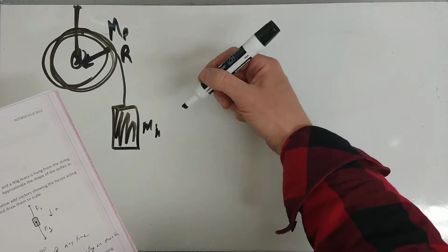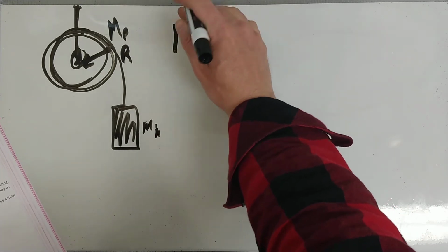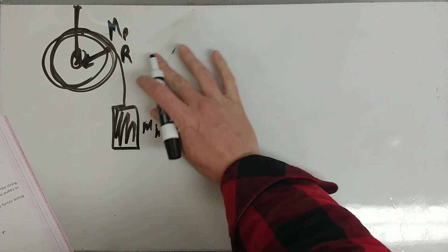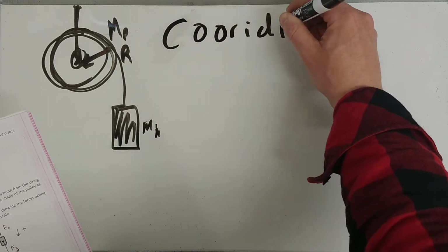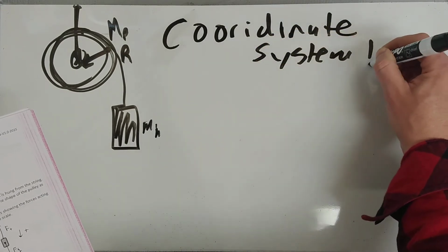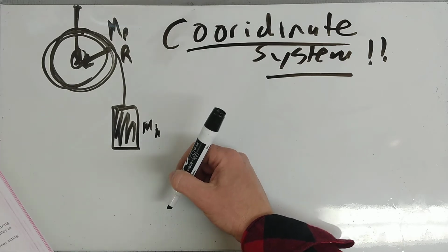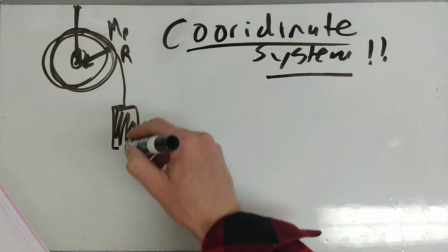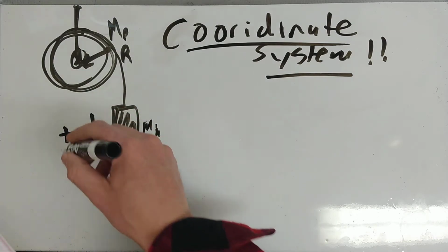Please get this in your head: you have to be consistent with your coordinate system. This was the biggest mistake. We know this is going to accelerate down, so I'm going to make that the positive direction.